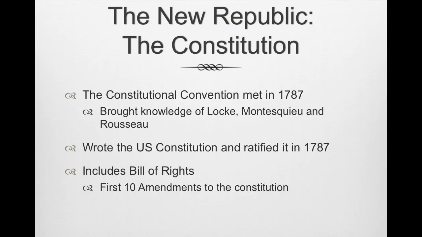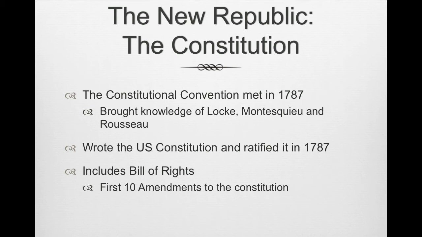The Constitutional Convention meets in 1787, and it's made up of people like George Washington, James Madison, who is considered the father of our Constitution, John Adams, among other people, who are there to rewrite and ratify a more practical Constitution.